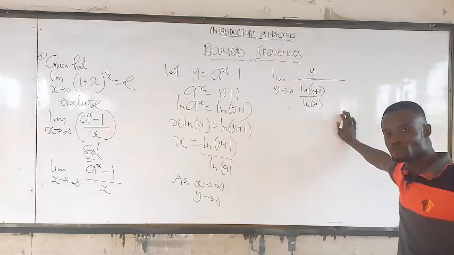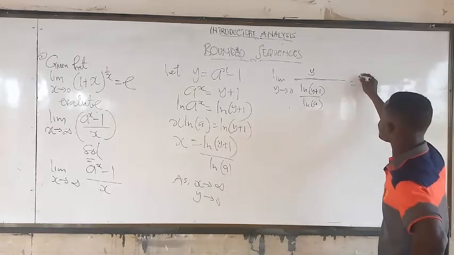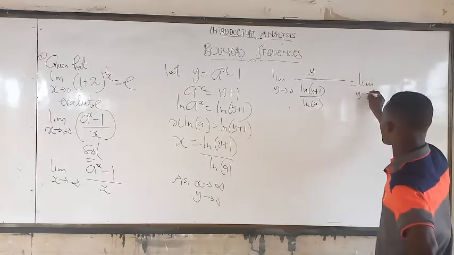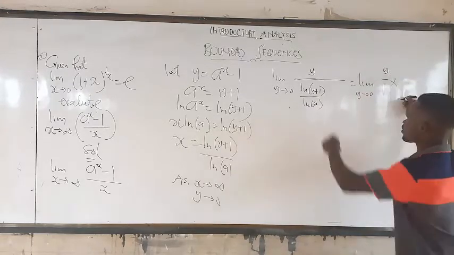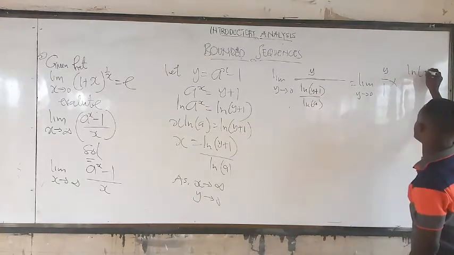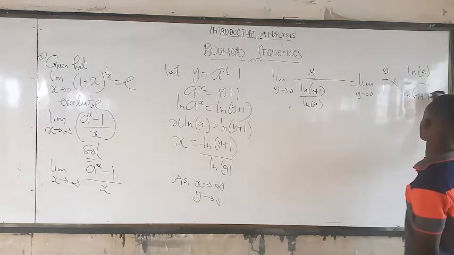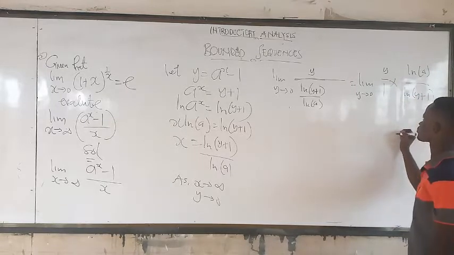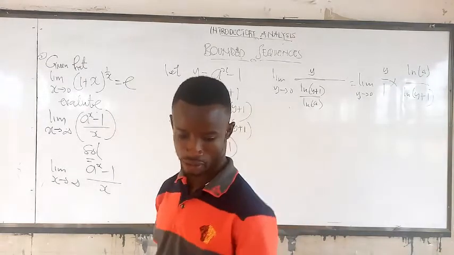Now, you have to be careful with your algebra. Having this is the same as the limit as y approaches 0 of y over 1 times the reciprocal of this, so ln a over ln (y plus 1). Hope you can see that. Very good.